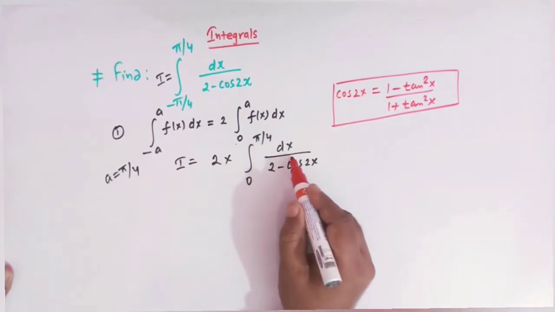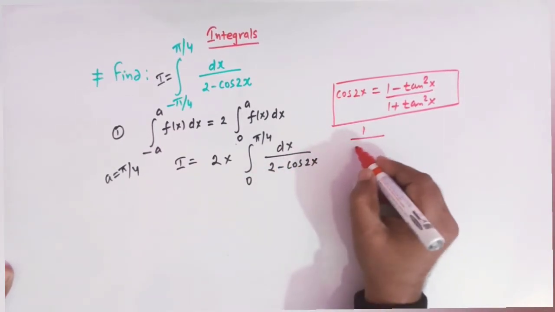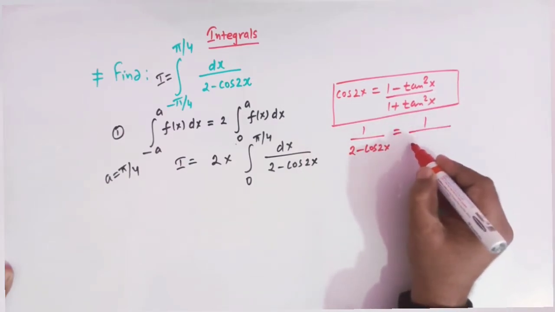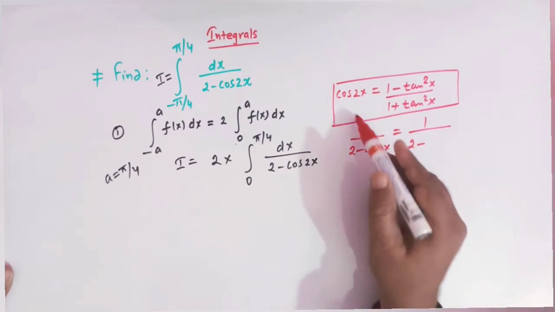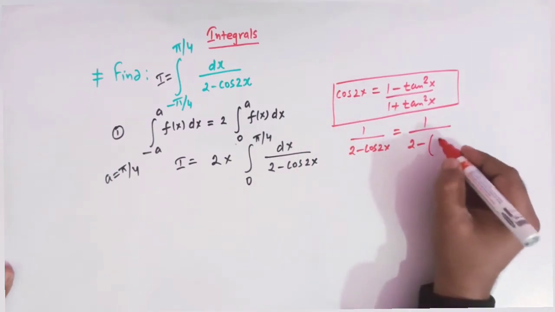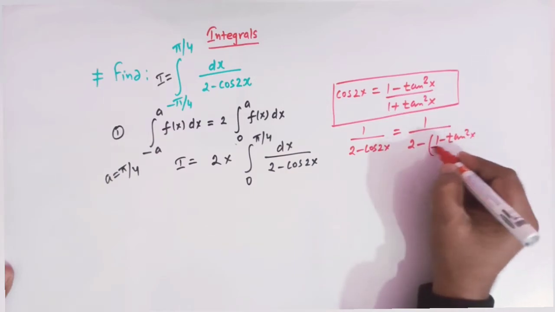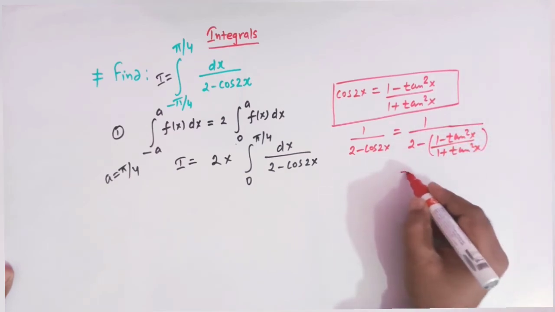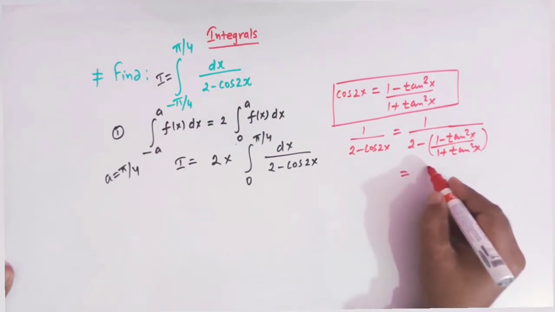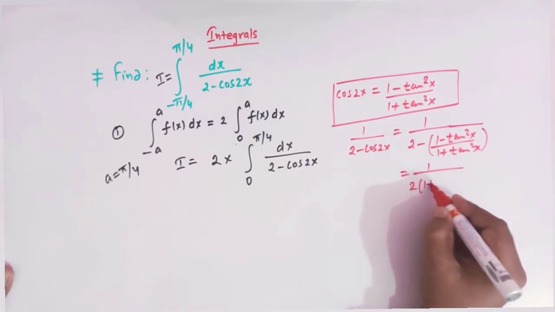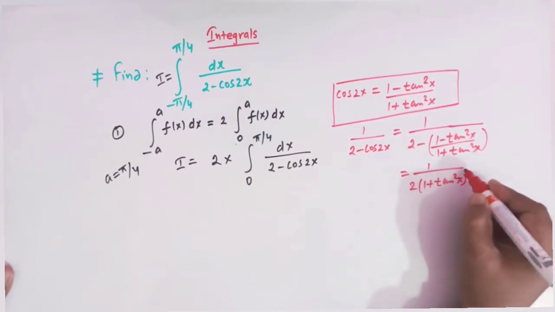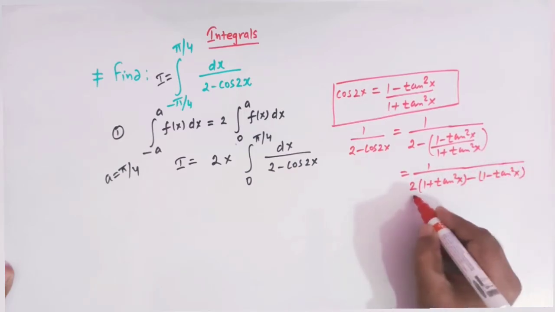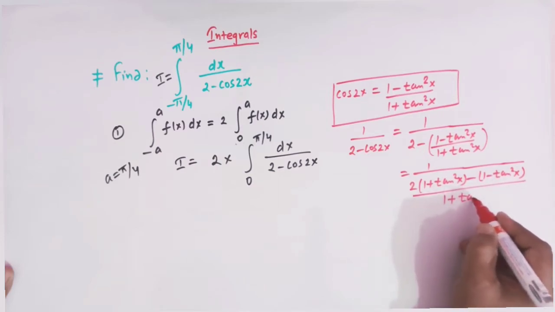So now 1 over 2 minus cos of 2x is equal to 1 over 2 minus, for cosine of 2x we can write 1 minus tan square x, and here we have 1 plus tan square x. Now if we simplify it, we'll get 1 over 2 times 1 plus tan square x minus 1 minus tan square x, divided by 1 plus tan square x.